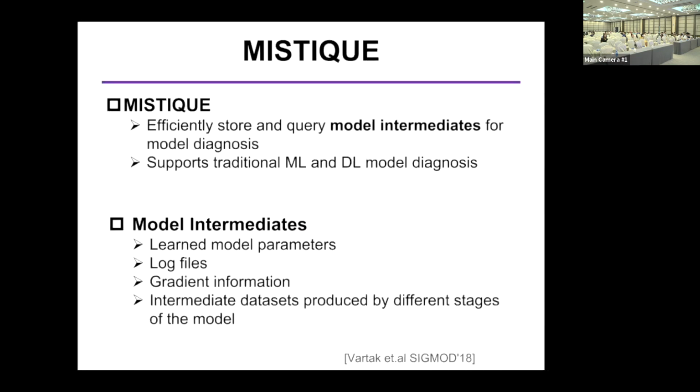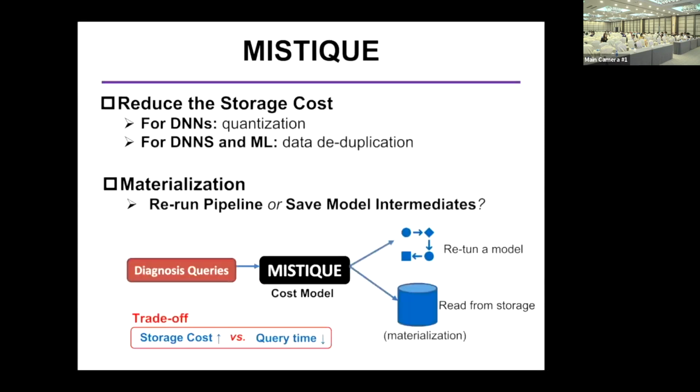So MISTIQUE can efficiently store and query model intermediates for model diagnosis. It supports both traditional ML and DL models. So it can query the learned parameters, log files, gradients, and so on and so forth. To reduce the storage cost, it uses the quantization technique and removes the duplicate parameters.